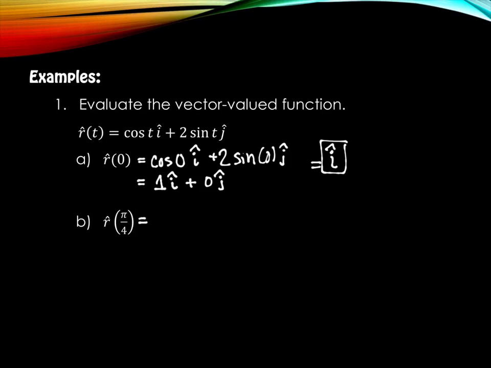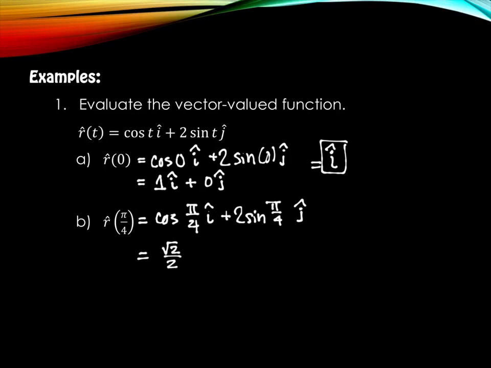Pi over 4, a bit more interesting. We have cosine of pi over 4, i, plus 2 sine of pi over 4, j. So I'll write it below, I've got space. What is the cosine of pi over 4? Close.